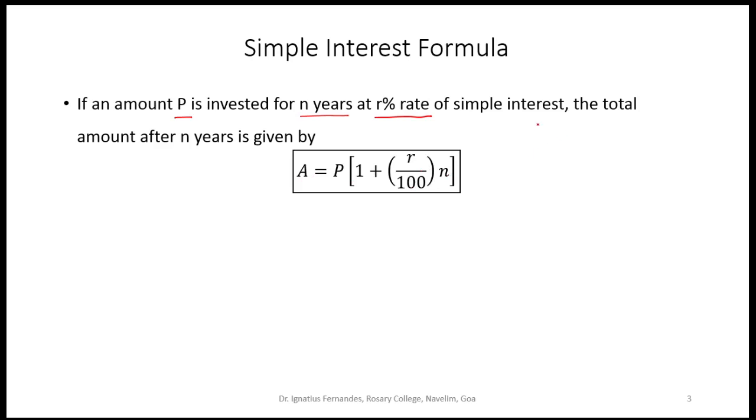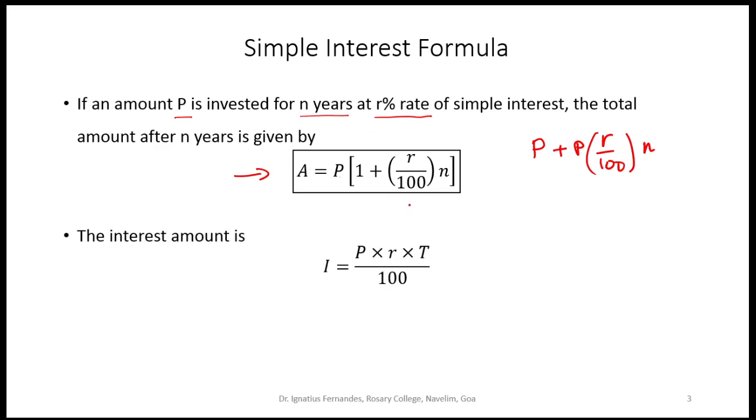Okay, this comes as a result because to the principal amount P we are adding the interest amount. Interest amount is R upon 100 of P for n number of years. So if I take P common from this, what I'll get is this formula here. So the total amount A is given by this formula.